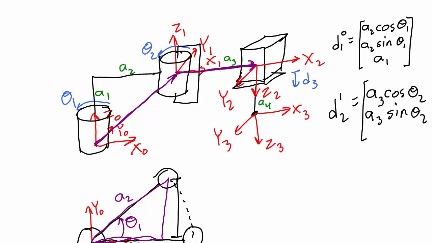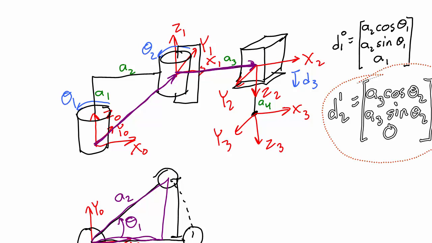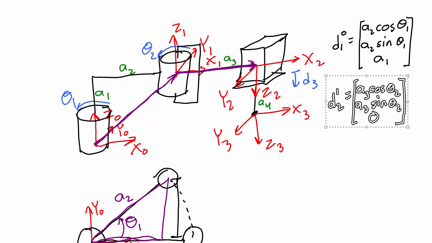Here, we have no displacement between frame 1 and frame 2 in the z direction, and this will be true no matter what the value of theta 2 is, so we can fill in a 0 for the z component of the displacement. Now we're done with the displacement from frame 1 to frame 2. Let's set this aside while we find the displacement from frame 2 to frame 3.